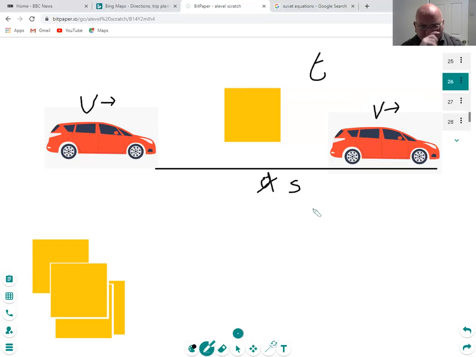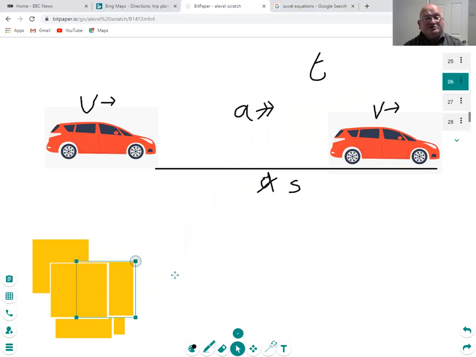And the last one is A for acceleration. Now, this is an important restriction when it comes to the equations that we're looking at in this video. These Suvat equations only work if the acceleration is constant.